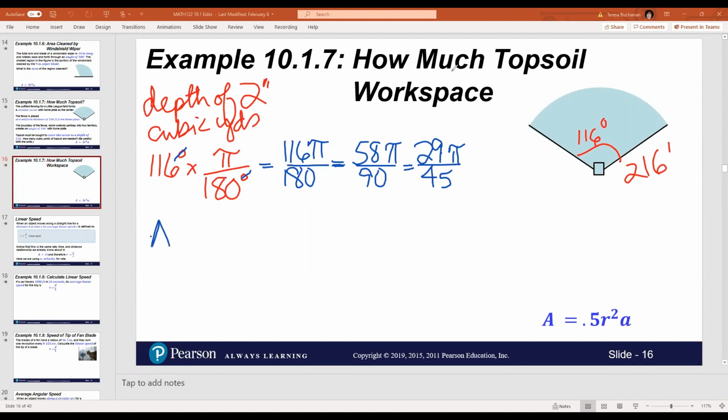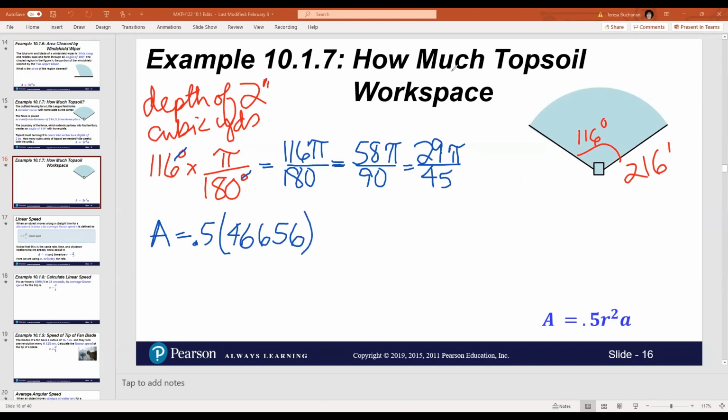That area then would have to be 0.5 times the radius squared. So 216 squared. You get a big number, 46656. You should be doing this with me.